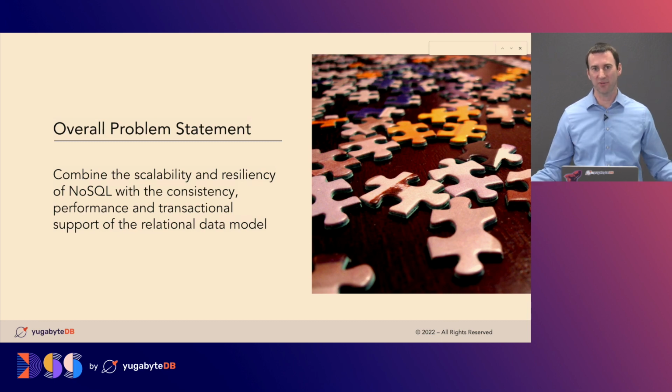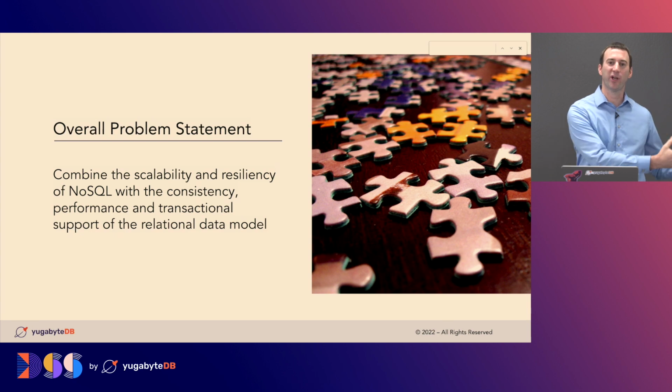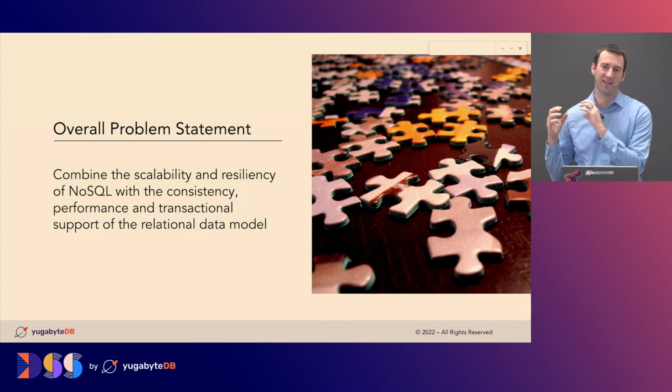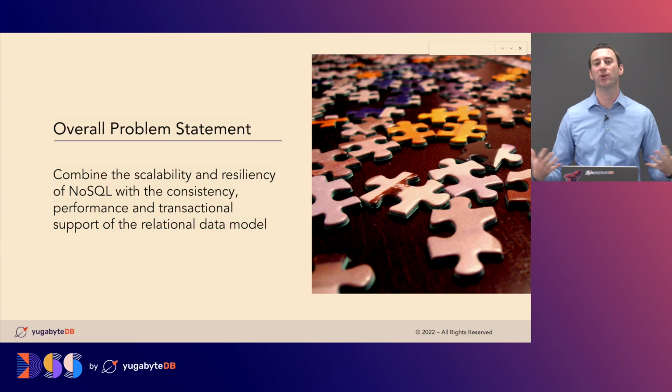We still have systems of record. We still need to keep track of product catalogs, of gaming interests, of financial transactions. All of those require the strong system of record, but we need to do so in a highly available, distributed manner. And that's really what we're trying to do here, is bring together the best of these two worlds.